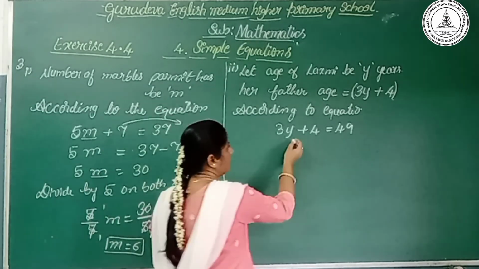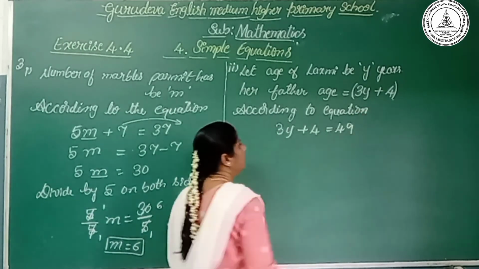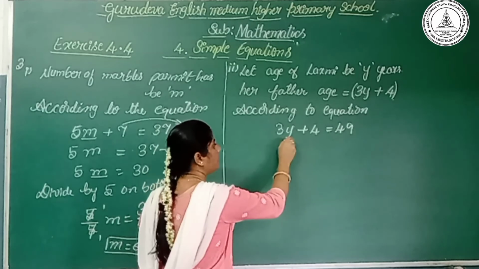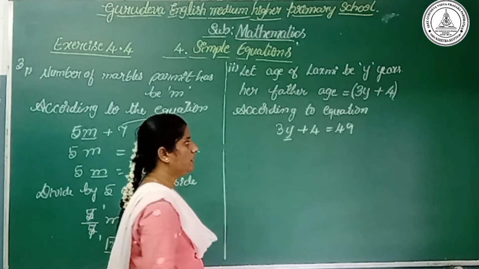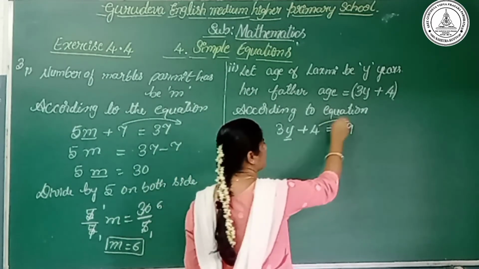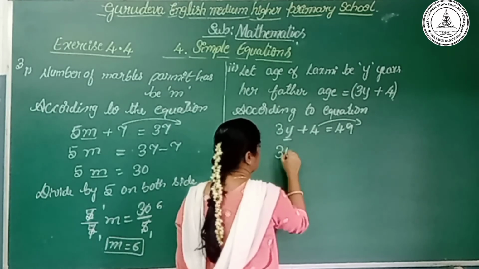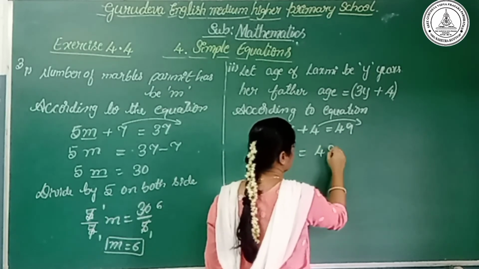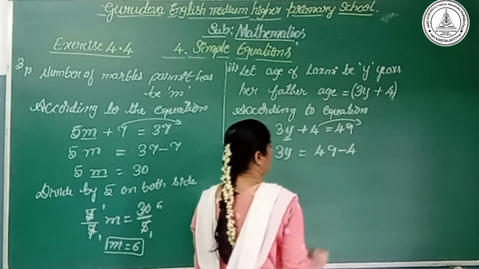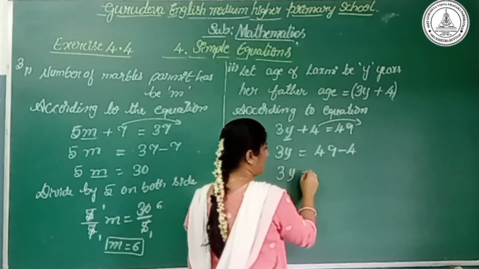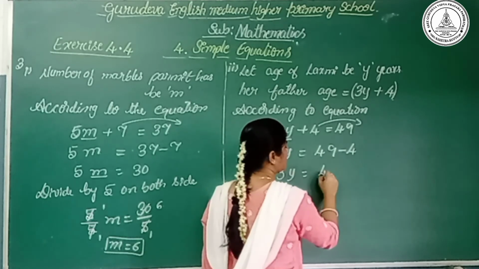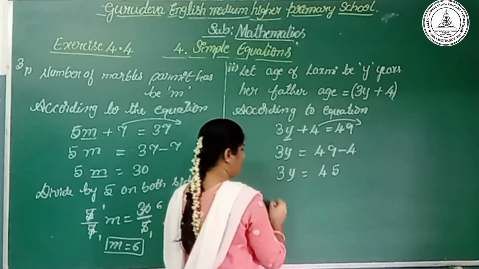It is the equation. Okay. So now we want to find out the age of Lakshmi. Okay. So let's solve here. So first transpose 4 to the right hand side. 3y is equal to 49 minus 4, and 3 into y is equal to 49 minus 4, which is 45.